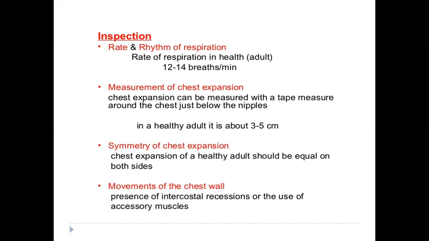How will we check that? We will place both palms over the lungs, over the thorax, and ask the patient to breathe. We will see whether the palms are rising equally or not. That means the chest is expanding properly. Then we will check for the movements of the chest wall.